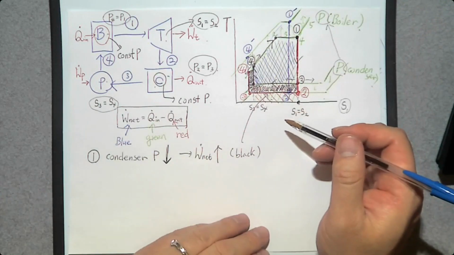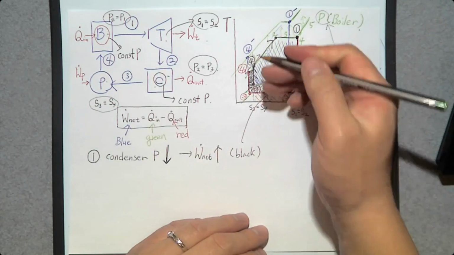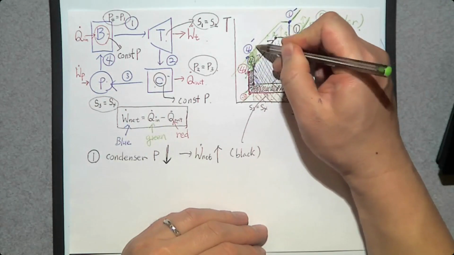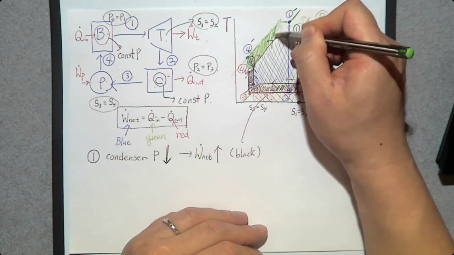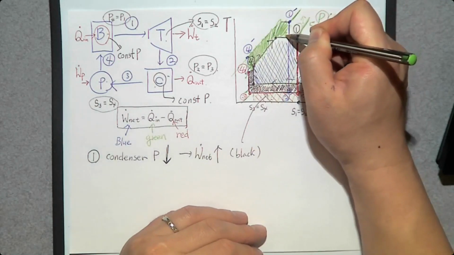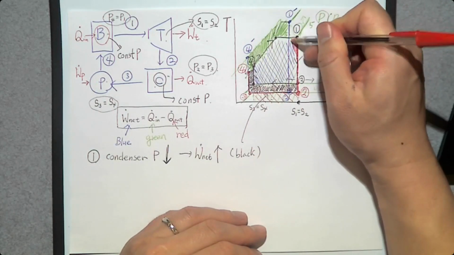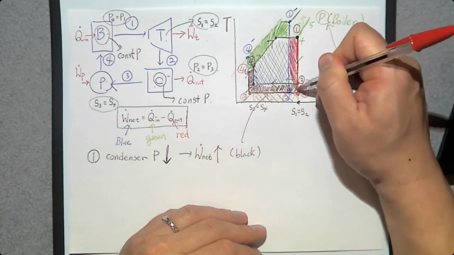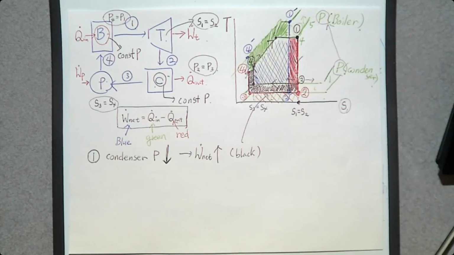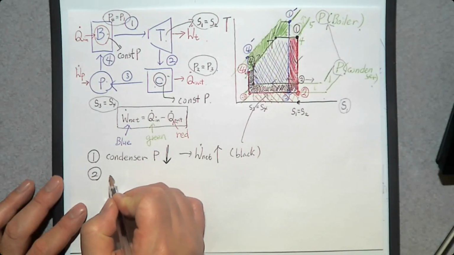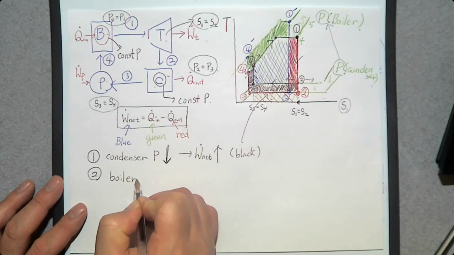So you can add, let's use green, this much additional power, which is good, but you're losing this much power by increasing the pressure of the boiler. So decreasing condenser pressure always increases the net power. However, increasing boiler pressure does not necessarily improve the performance.